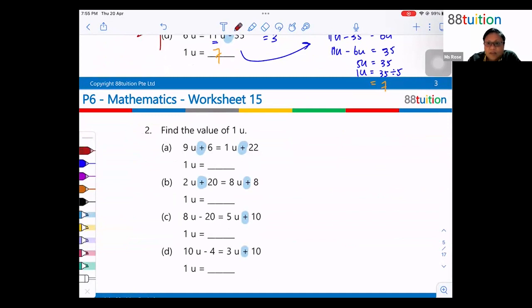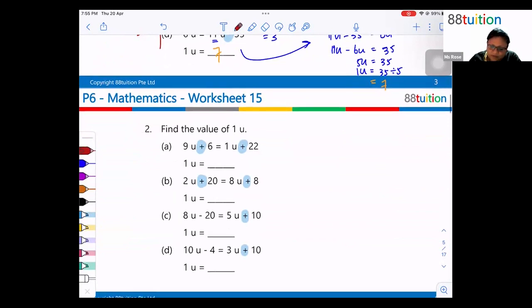If you look at this question, it says 9 unit plus 6 is the same as 1 unit plus 22. This is your part-whole. So when I get something like this, if this part is equal to 22, I make parts equal: 8 unit and 6 unit.